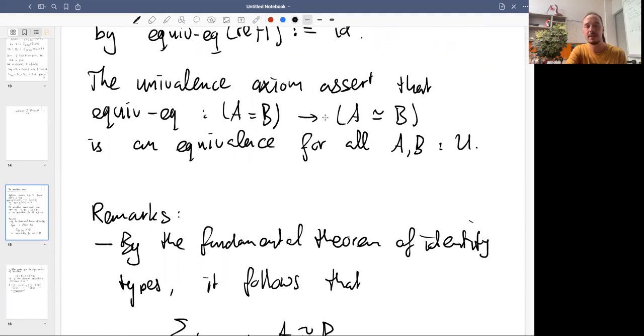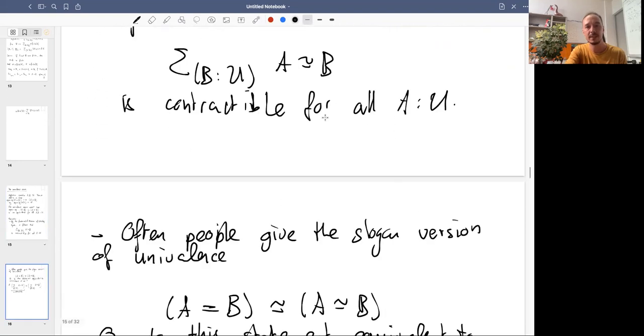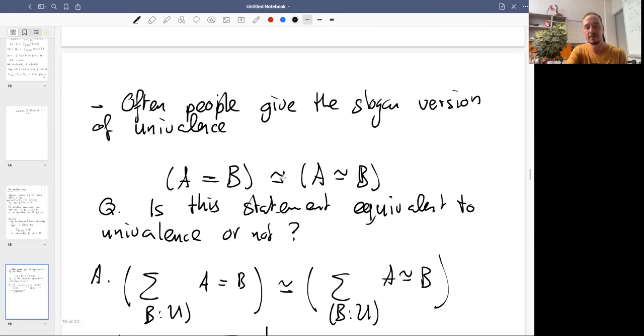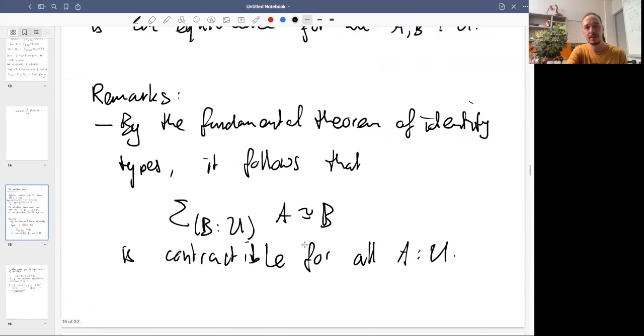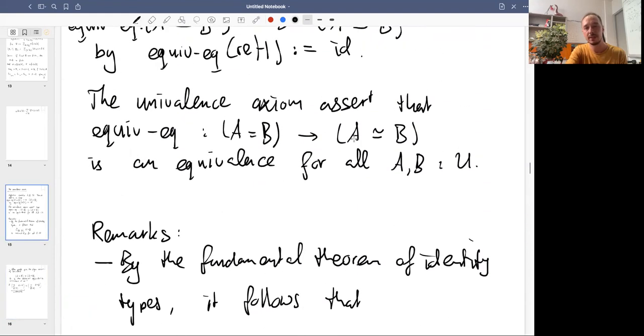So this map might not be the same map as the underlying map of these equivalences, but we can still use these equivalences to prove that this map that we defined here must be an equivalence as soon as there's some equivalence from the identity type to A is equivalent to B. Okay, very good.